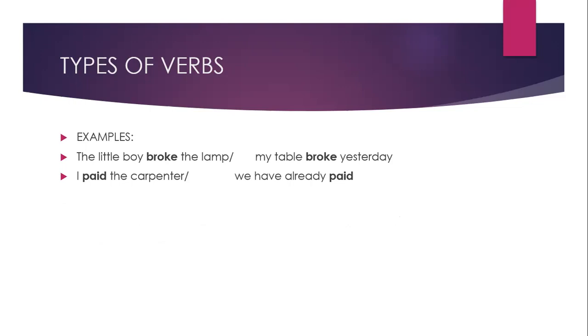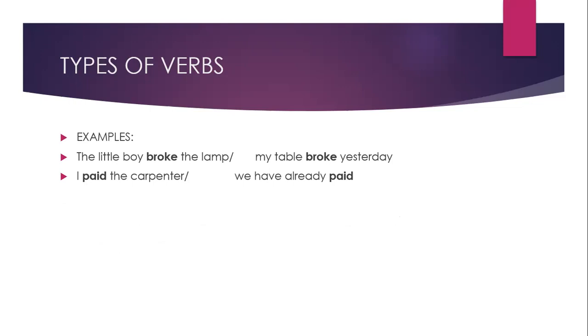More examples: the little boy broke the lamp. My table broke yesterday. In the first example, we have broke being followed by a direct object, the lamp. So broke in the first example is transitive, but in my table broke yesterday, broke is not transitive, but rather intransitive.